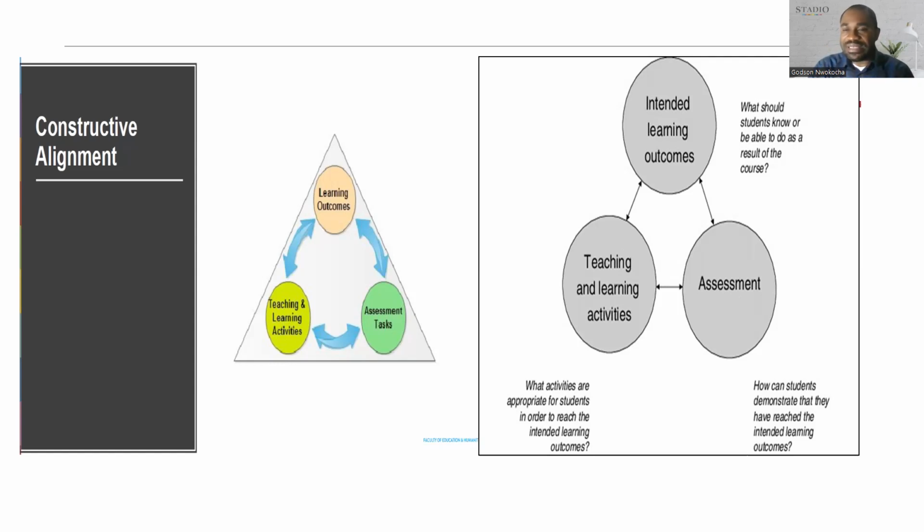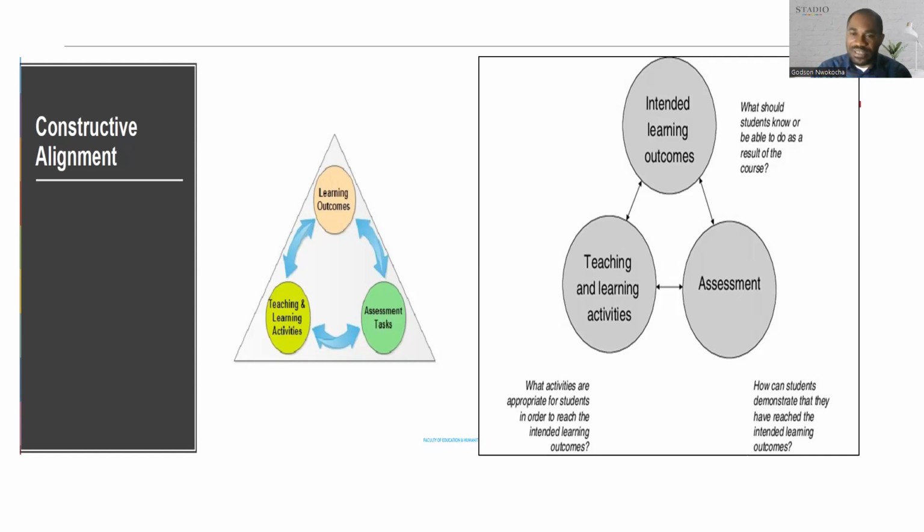The intended learning objectives, what the student will be able to do at the end of the lesson, must be in line with the teaching and learning activities you're going to cover for them to be able to achieve those objectives. And when you do your assessment, it must speak to the learning objectives and to the content you have covered.